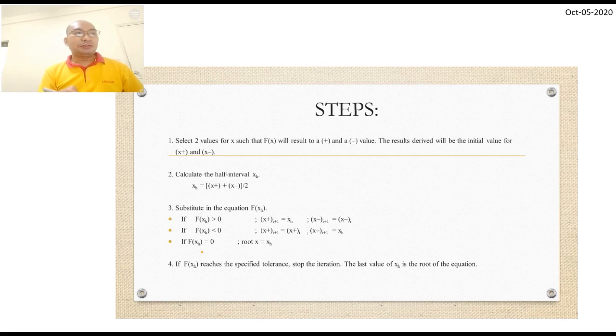The second step is to calculate the half interval, or the x sub h, for the equation. To solve for x sub h, this is just equal to x plus and x minus, or the value that we have derived for x plus and the value for x minus, divided by 2. And then we will substitute this value of x sub h to the function, and check the following conditions.